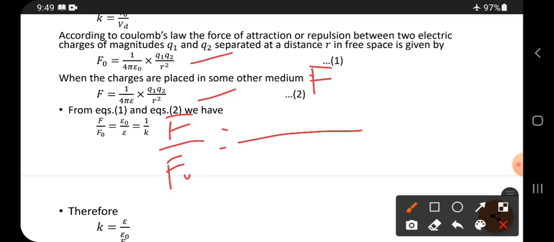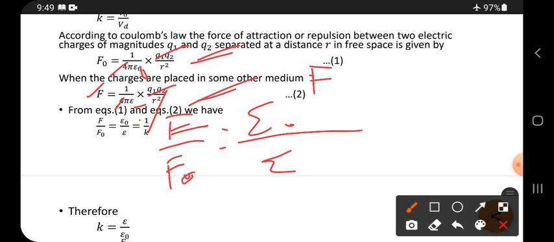Then 4 pi cancels, q1 q2 cancels, r also cancels. So only epsilon and epsilon naught are present. F and epsilon are inversely proportional, and F naught and epsilon naught are also inversely proportional. So epsilon naught is on top and epsilon is at the bottom. If you divide them, you can get clarity and understand how it comes.